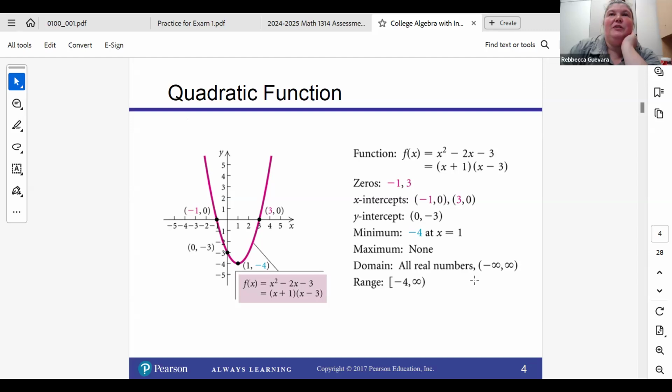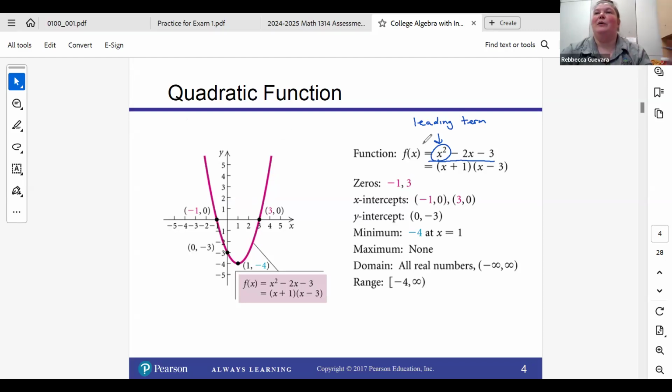All right, so this is just your basic shape here. As we see, we have a quadratic. This is my leading term. Even though we have an odd power here, what we notice is it's still making that parabola shape.